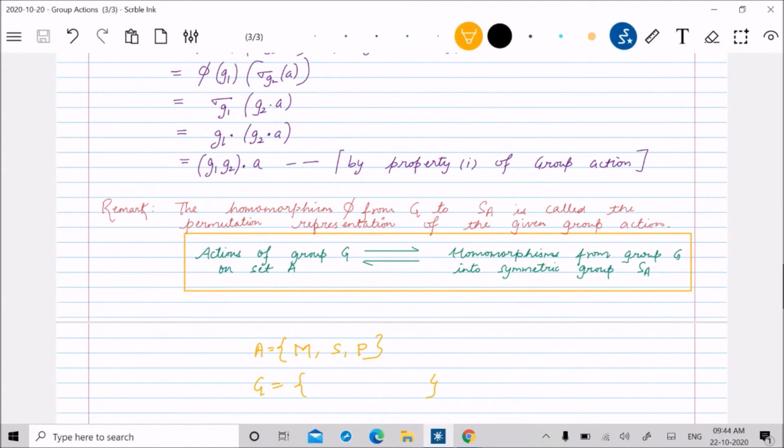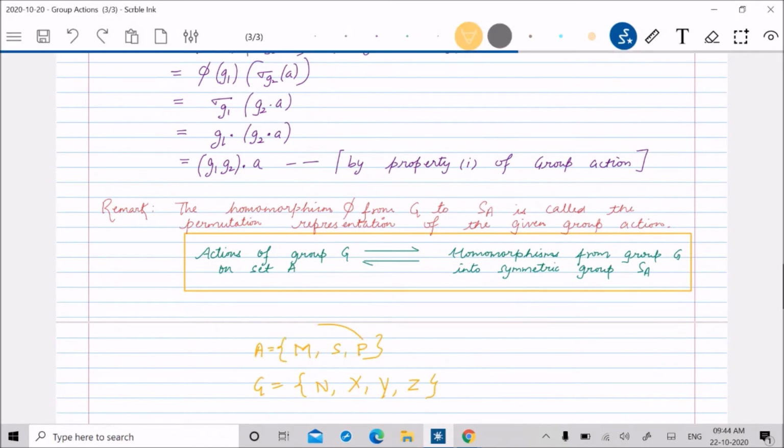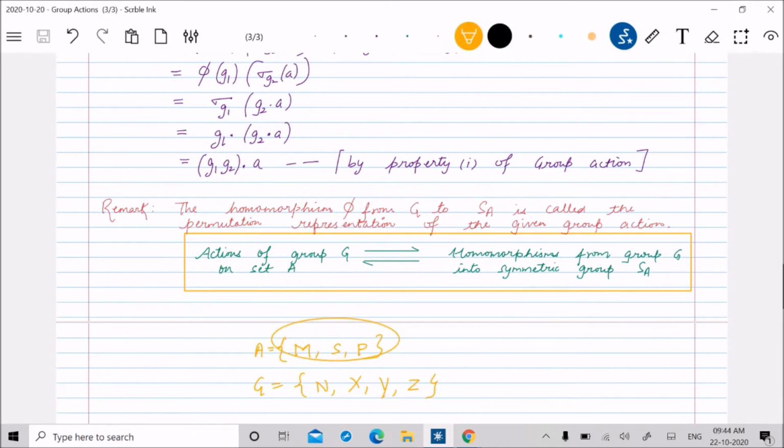N means me, and this is another faculty X, this is another faculty Y, this is another faculty Z. You have 4 faculties teaching you, and whenever they enter your classroom, there is a shuffling of the sequence actually. What does shuffling mean? It doesn't mean that your roll numbers change. It means that your sequence of seating gets changed, right?